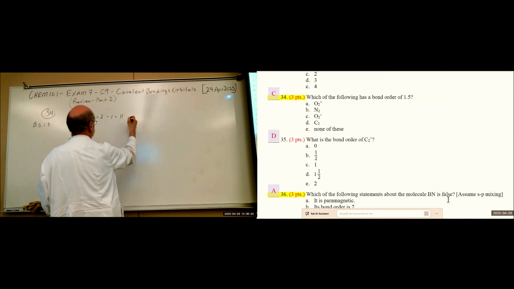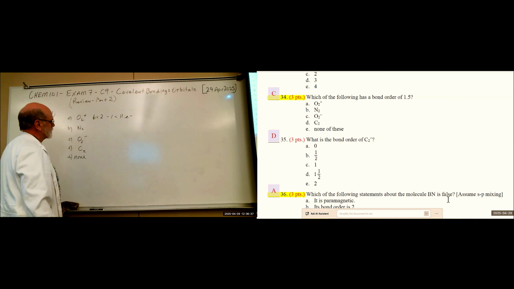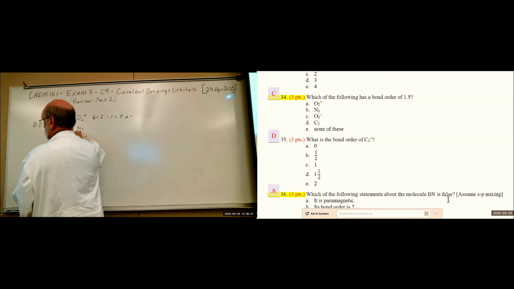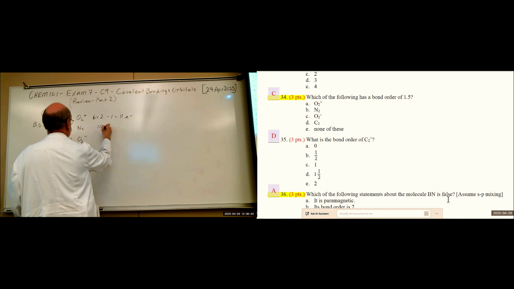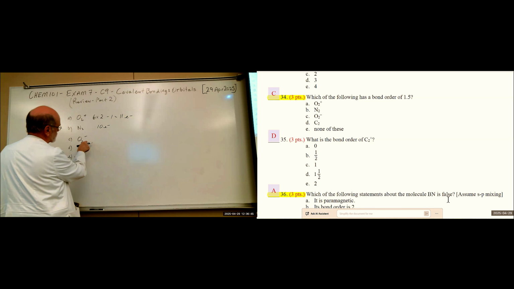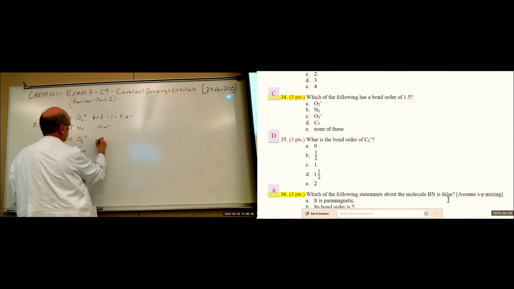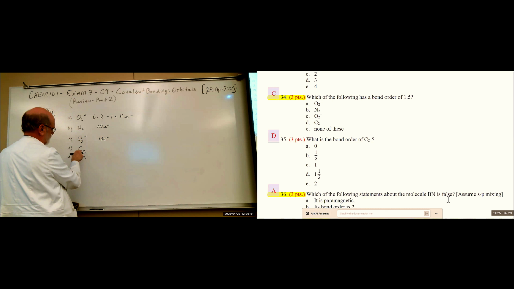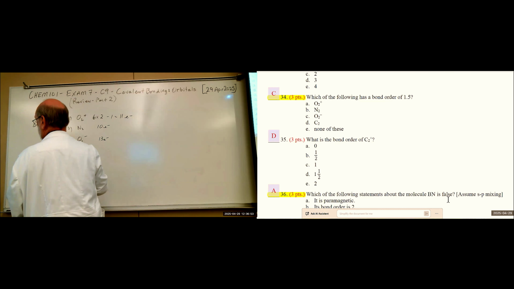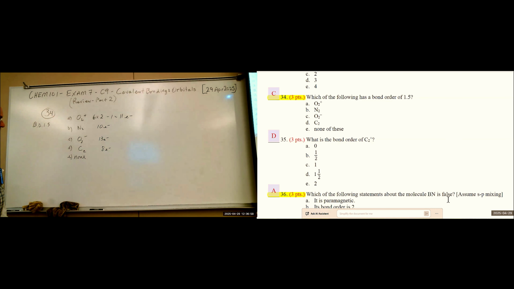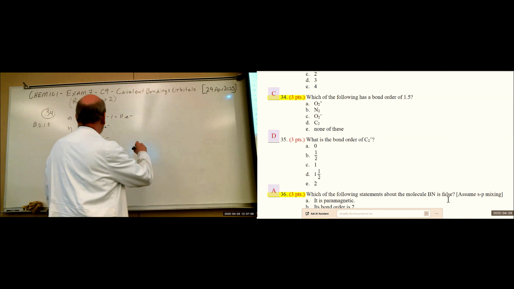What's that, 11? 11 valence electrons. Nitrogen's going to be 10 electrons. O2 minus is going to be 12 plus 1, which would be 13 for that one. And then carbon would have 8, 2 times 4.